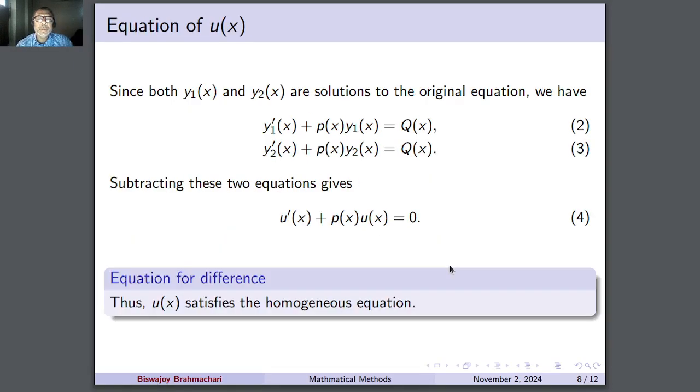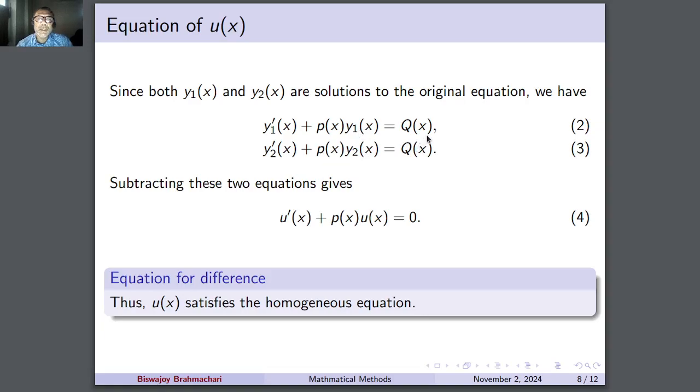So how do we prove this? If there are two solutions, both will satisfy the differential equation. The first one is y1 prime of x plus p of x y1 of x equals q of x. This is the first solution. We substitute the first solution. Then again we can substitute the second solution because both are solutions. So we get two equations. And then if we subtract 3 from 2, we get y1 prime of x minus y2 prime of x, and here we get p of x multiplied by y1 minus y2.